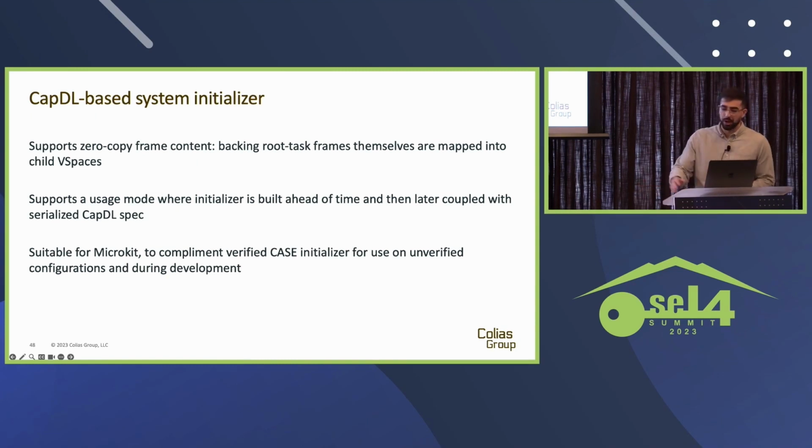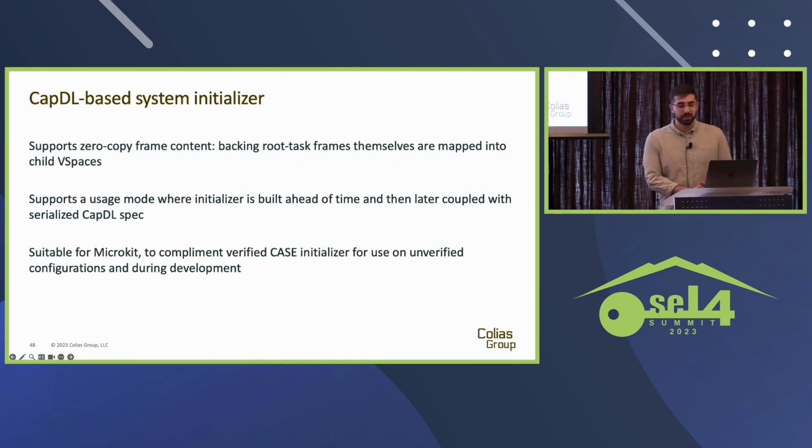As we heard earlier, Project Sparrow supports another way of avoiding this waste with a kernel patch that's better for dynamic systems. This approach is designed for static systems. Secondly, it supports a usage mode where the initializer is built ahead of time and then later coupled with the serialized CapDL spec, and I'll talk more about that in a second.